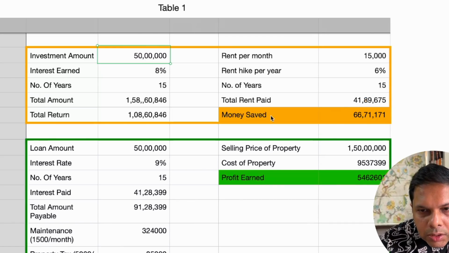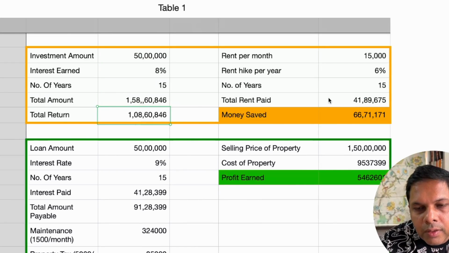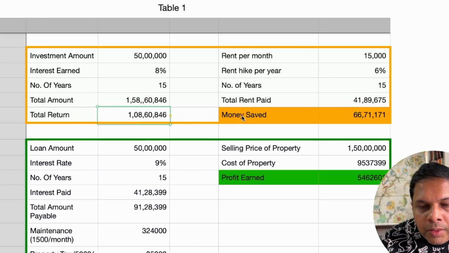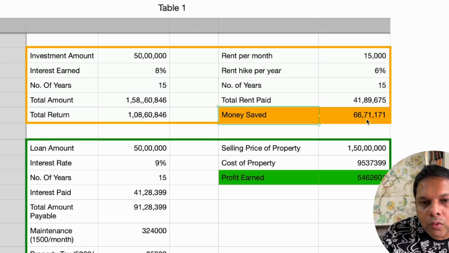So in the process, after making a return of 1 crore 8 lakh 60,000 and after paying a rent of around 41 lakh 89,000, the person will still be able to save 66 lakh 71,000 odd rupees from this investment, right?